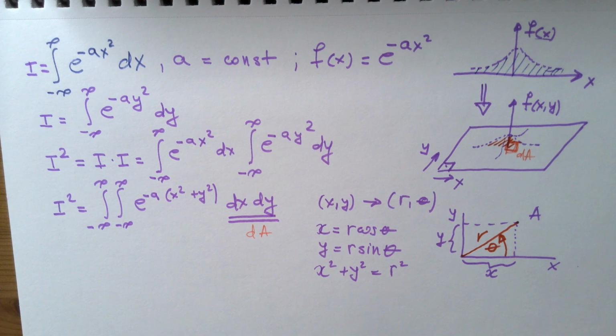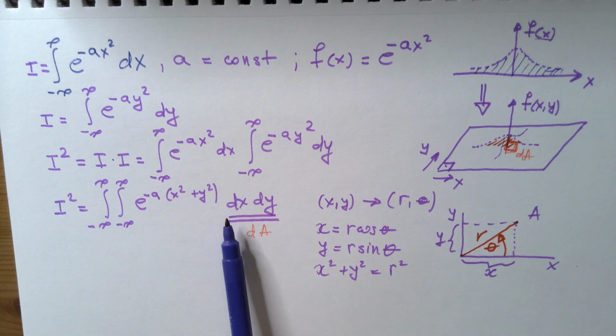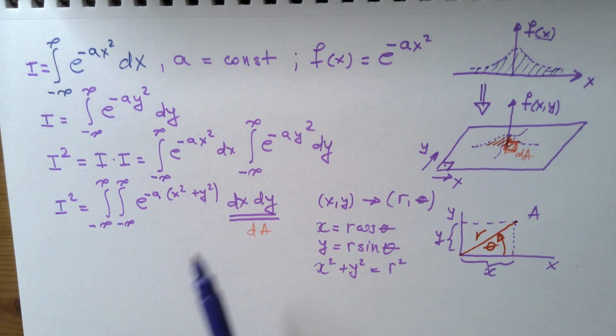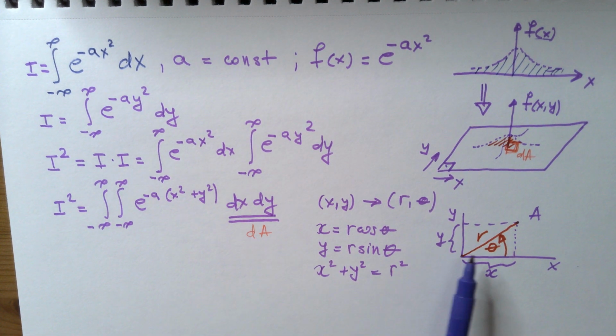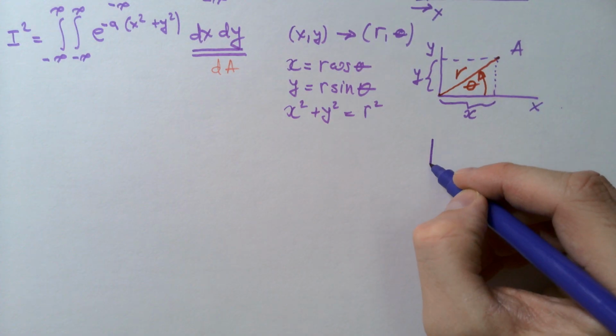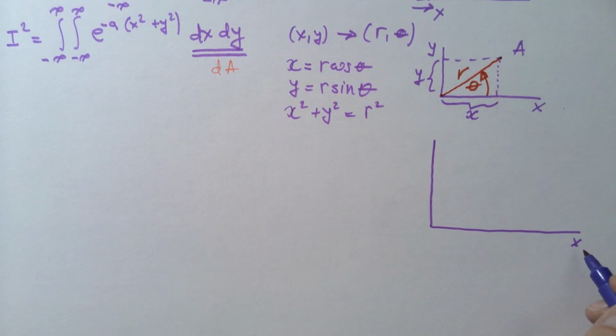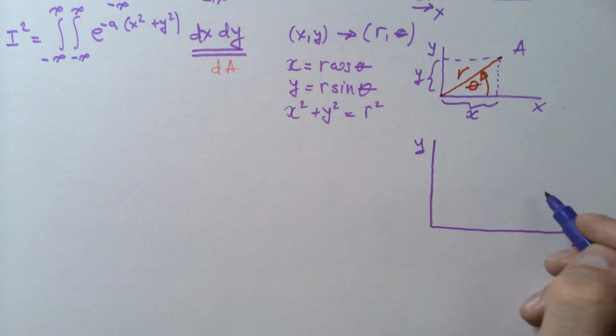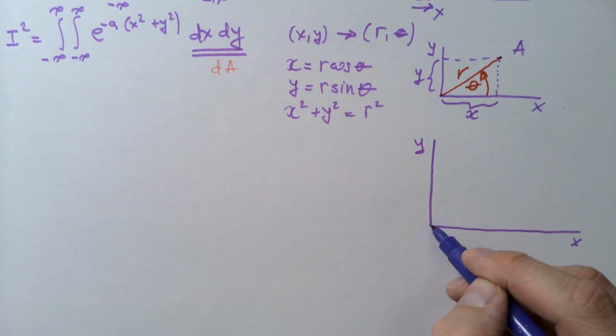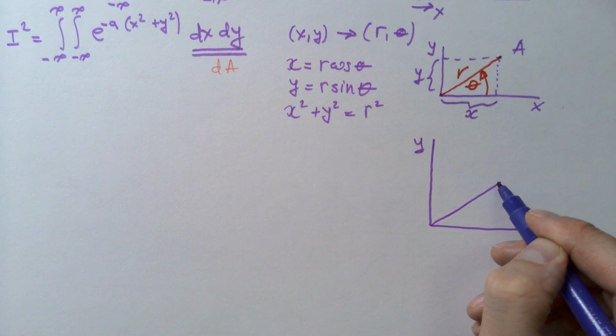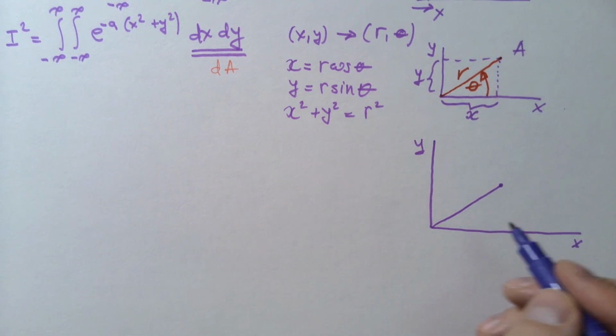Now, in the Cartesian coordinate system, yes, the surface element is dx dy. But what is a surface element in the polar coordinate system? Well, we can easily find that. Let me replicate this polar coordinate system with x and y being here. And here we have a radial distance to some arbitrary point.